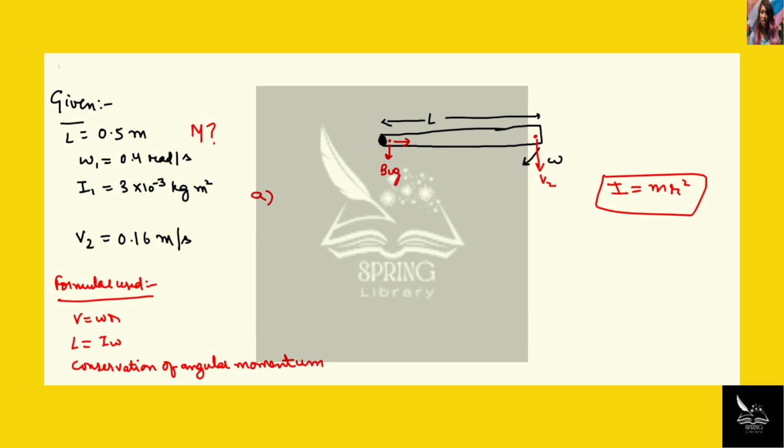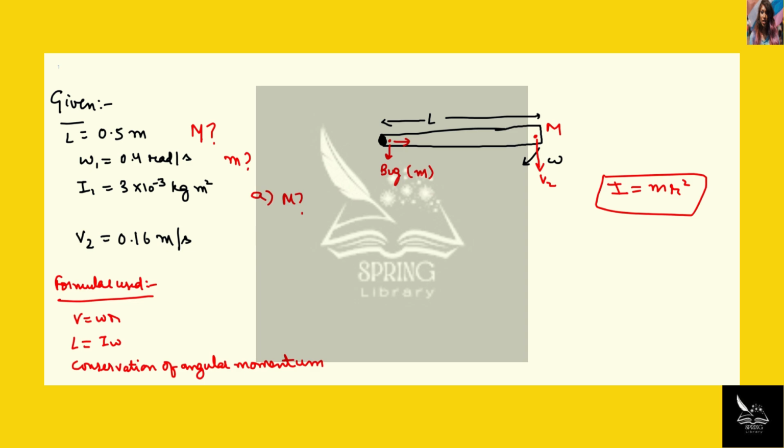Let's say the mass of the rod is capital M and the mass of the bug is small m. We will find the capital M here. We are given the two formulas, v equals omega r and L equals I omega, and conservation of angular momentum.